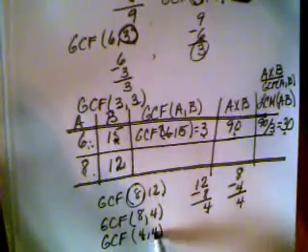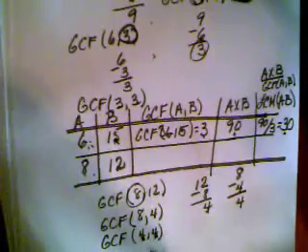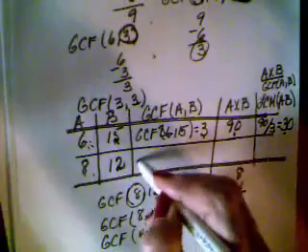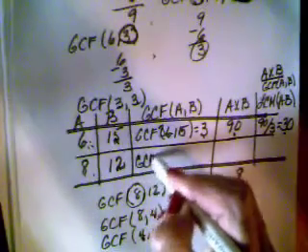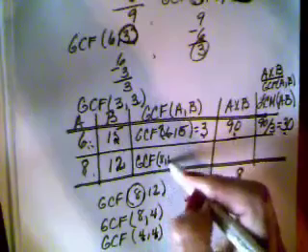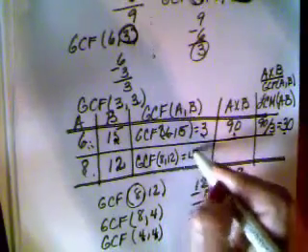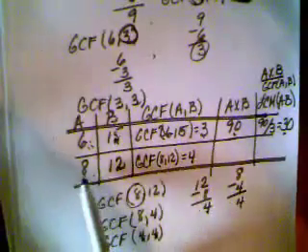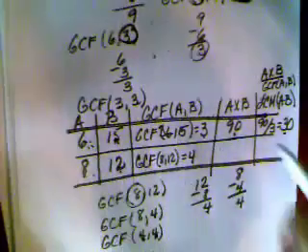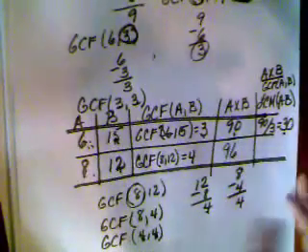And when the numbers are the same, I know that is the greatest common factor. If I multiply 8 times 12, I get 96.